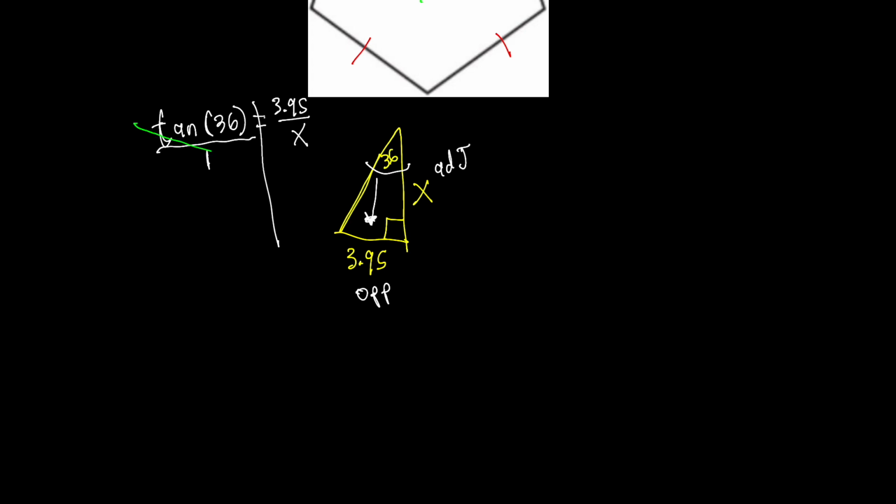Whenever I have a proportion, I can cross multiply. So here I'm going to get x multiplied with tangent of 36. In the right hand side, I'm going to get 1 multiplied with 3.95, which is just going to be 3.95.